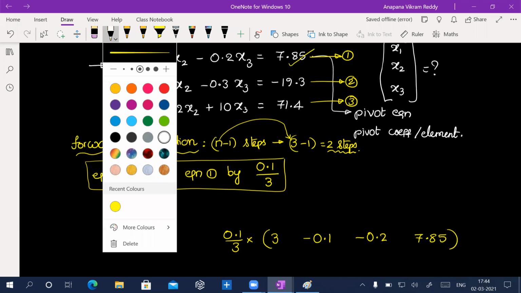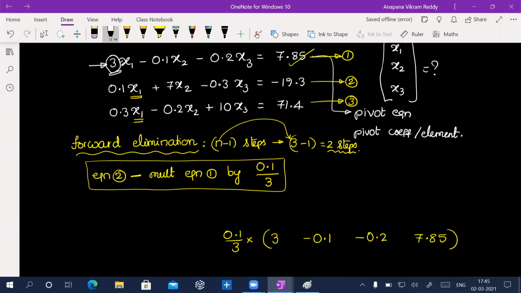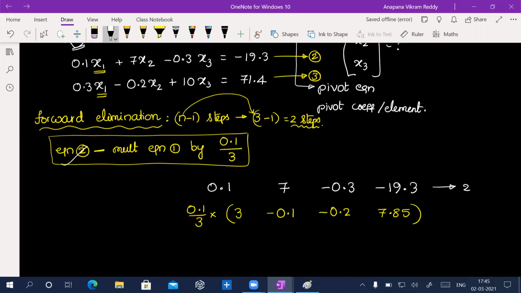Okay, so my equation number 2 is 0.17 minus 0.3 and minus 19.3. Agree? So this is my equation number 2. And after multiplying equation number 1 by 0.1 by 3, this is a modified row 1.